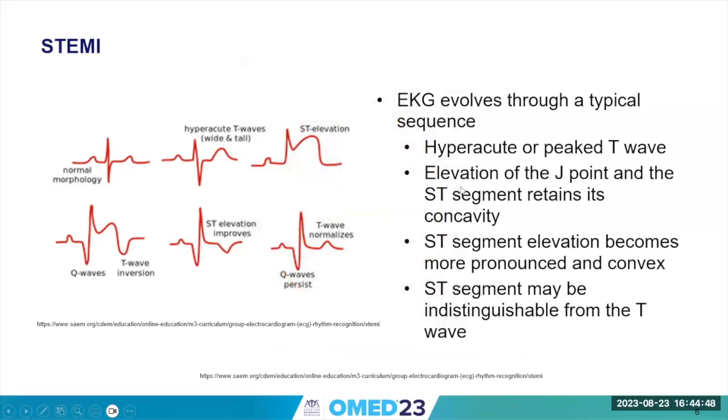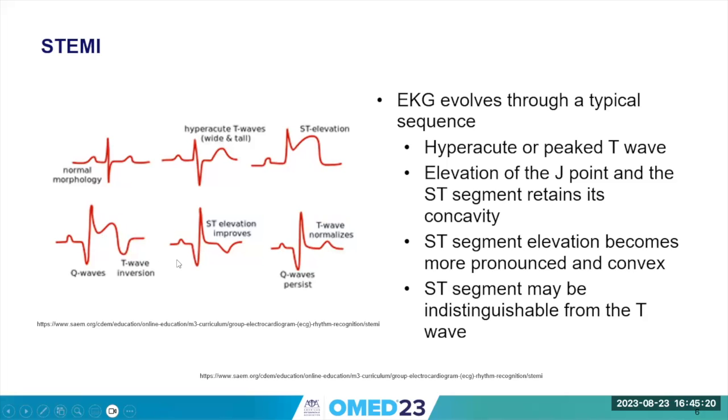So as we said, the EKG can evolve, and it typically does evolve through a typical sequence if it is in fact going to be an ST elevation MI. So usually what will come first is you get a little bit of hyperacute T waves. They'll be wider than normal, they'll be tall, and then you develop the ST elevation of the J point, knowing the ST segment retains its concavity, and then the ST segment becomes more pronounced and definitely more convex.